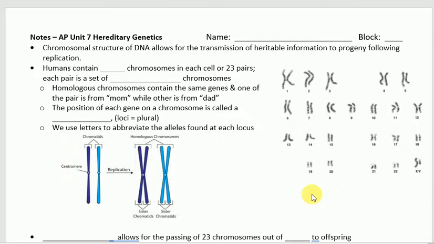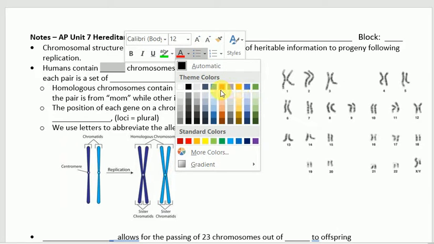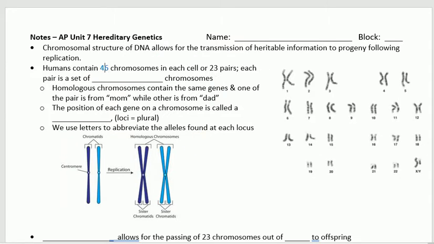So the chromosomal structure of DNA is going to allow for the transmission of hereditary information following replication. And as we know, humans contain 46 chromosomes in each cell, or what are called 23 pairs.